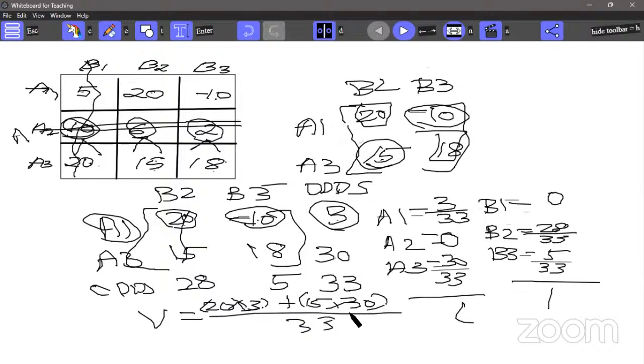This is how we have to do. You can take any row, any column, and you will get the same value of the game.